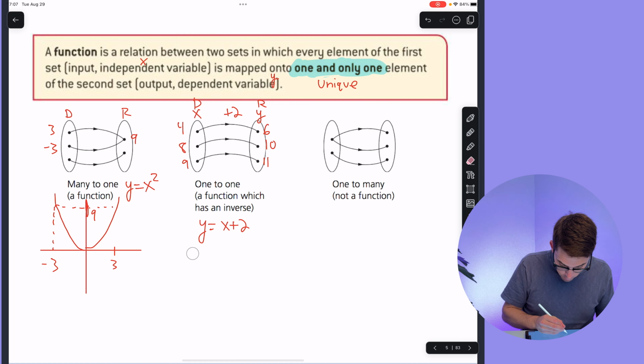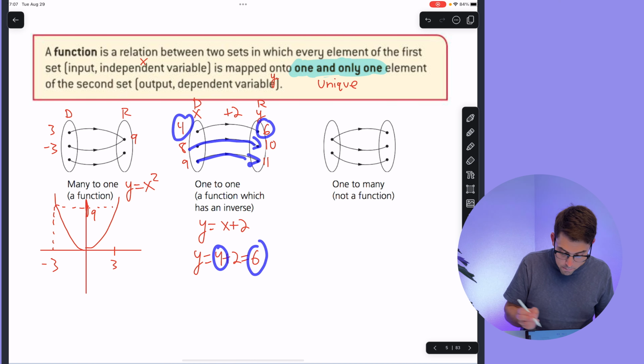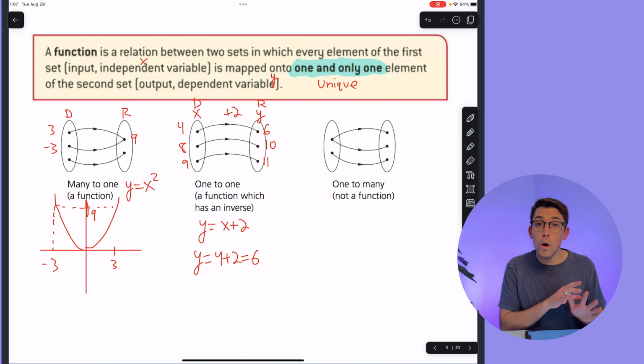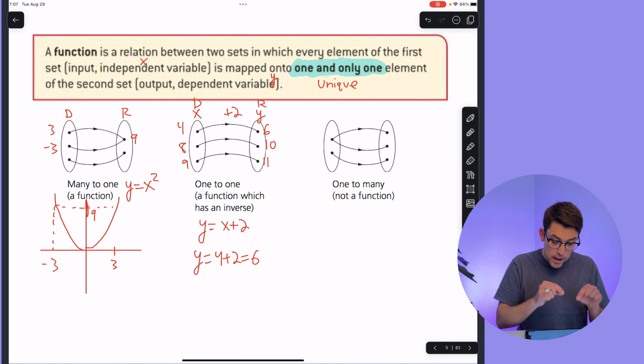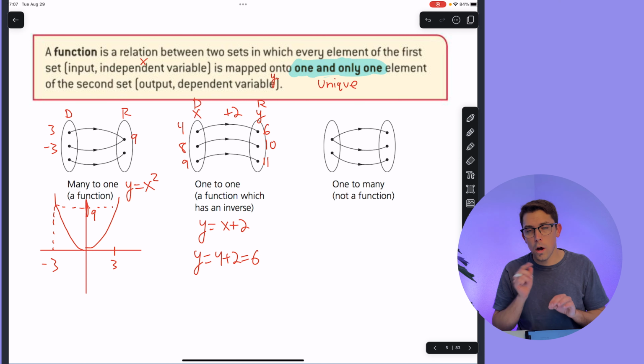And you can see that because if I had y equals 4 plus 2, that's going to give me 6. And I can see that that's true. 4 and 6, 4 and 6. If I added 2 to 8, I have 10, 9 plus 2, I'd have 11. So that's an example of 1 to 1 because each and every individual and unique part of the domain links to exactly one individual output in the range.